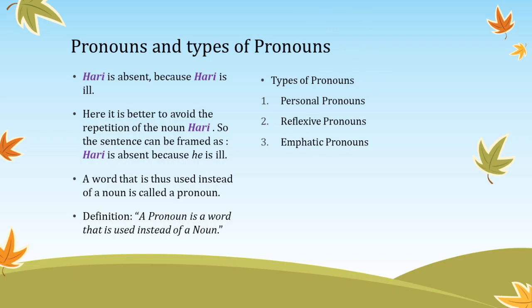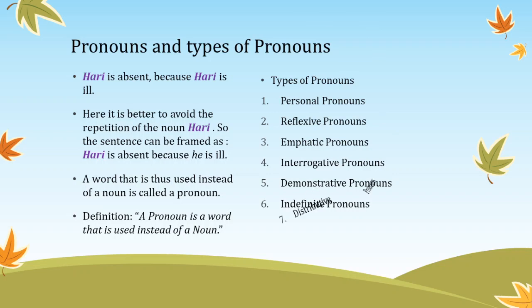Third, emphatic pronoun. Fourth, interrogative pronoun. Fifth, demonstrative pronoun. Sixth, indefinite pronouns. Seventh, distributive pronouns. Eighth, relative pronouns. So in this video of part 1, we will handle these 4 topics of types of pronouns.